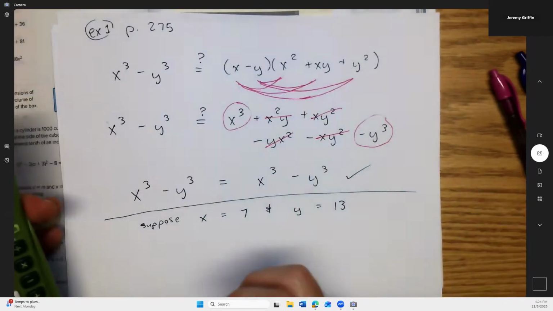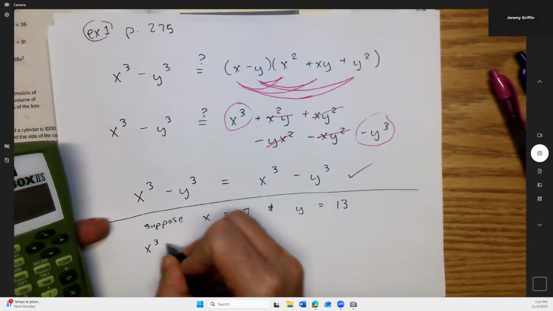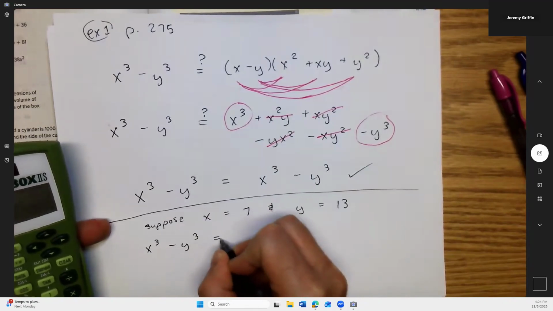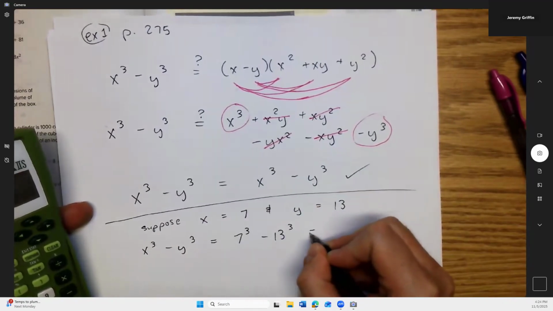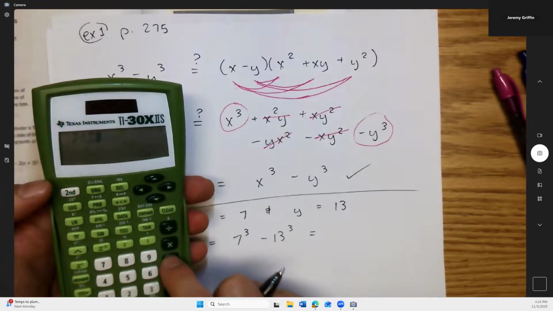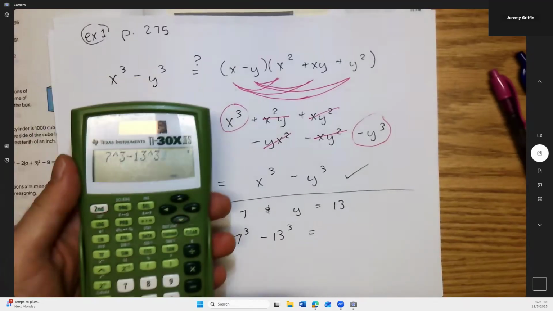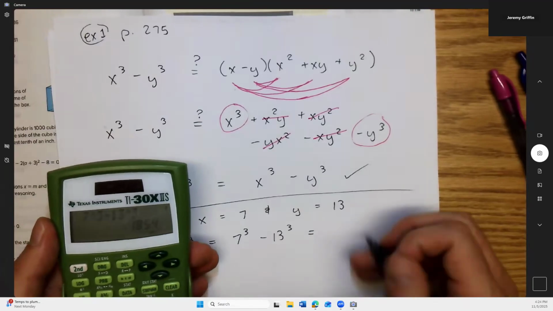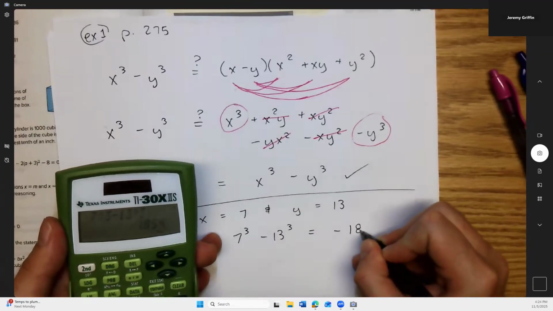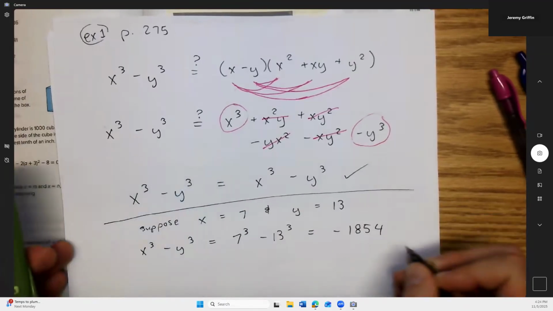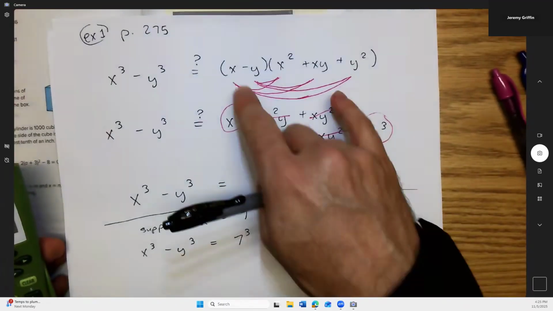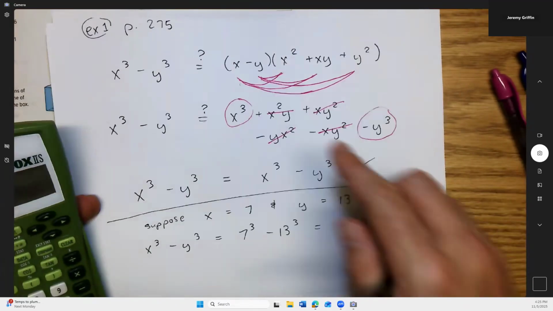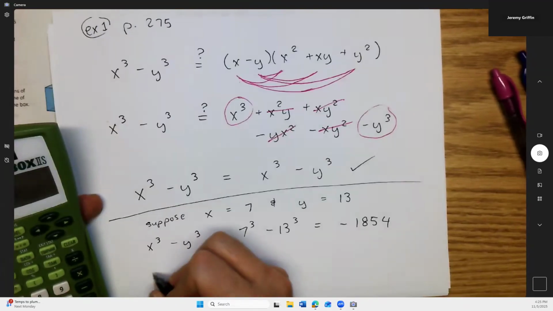Let's see. So x cubed minus y cubed equals, well, that would be 7 cubed minus 13 cubed, which is 7 to the power 3 minus 13 to the power 3. See, this is giving me negative 1,854. Well, I bet if I run the same numbers, 7 and 13, through this expression, I should get the exact same result. Let's see if that's true.